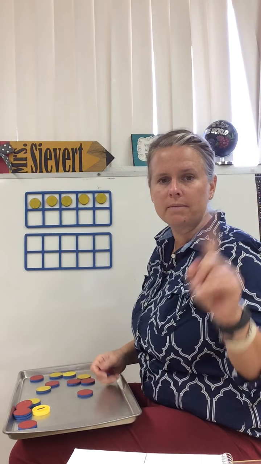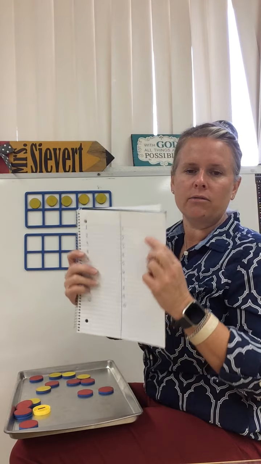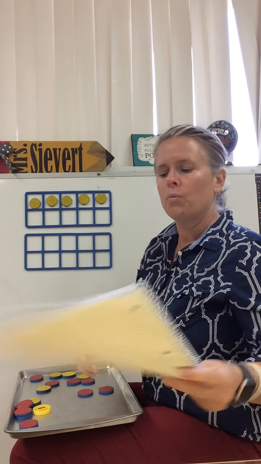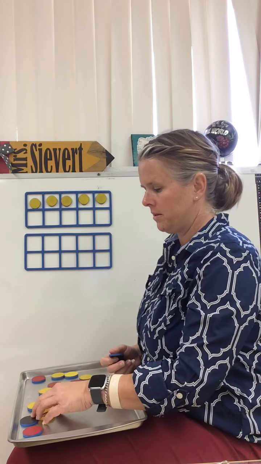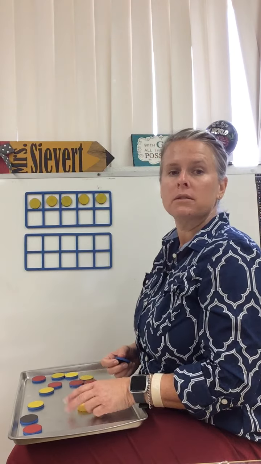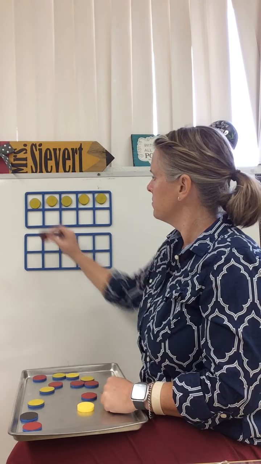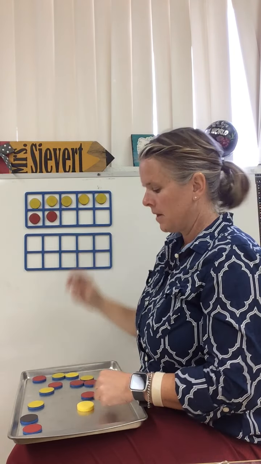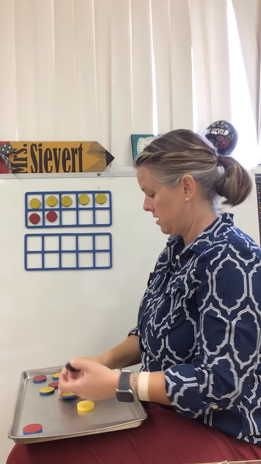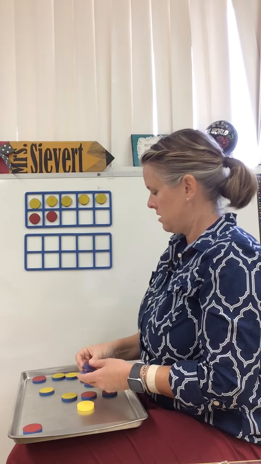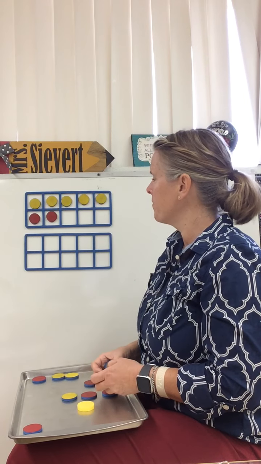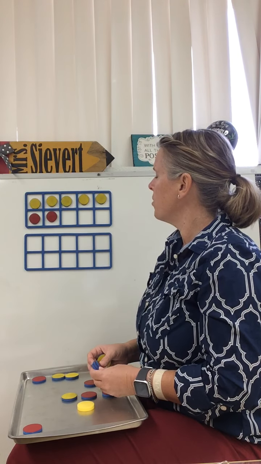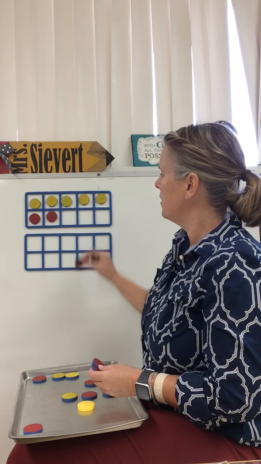Right on number 1, so this time you're on this side now, you're over here on this side. Write, how much do you see? That was problem number 1. Problem number 2. How much do you see? Problem number 3.